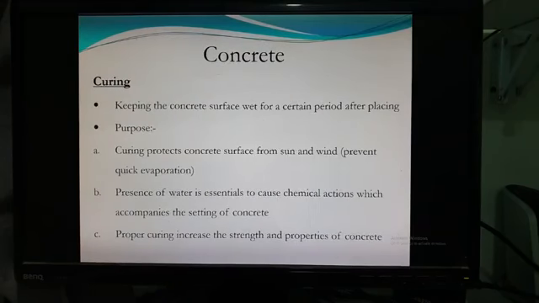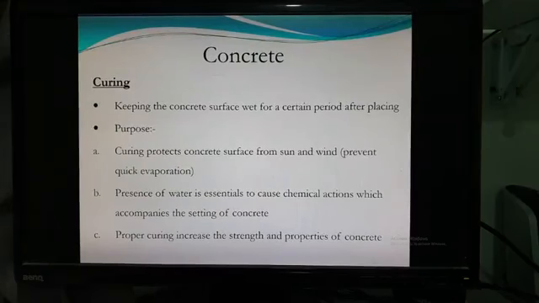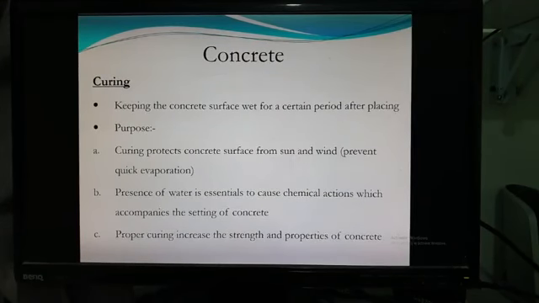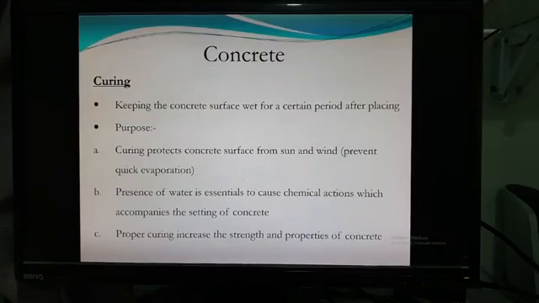Okay, so after the consolidation process has been done, the concrete will be left on its own for the curing process. As I said, the curing process will start as soon as the concrete has been properly mixed and left undisturbed.